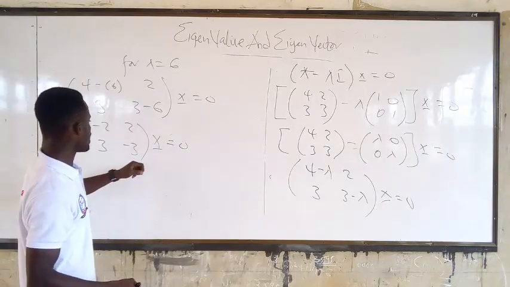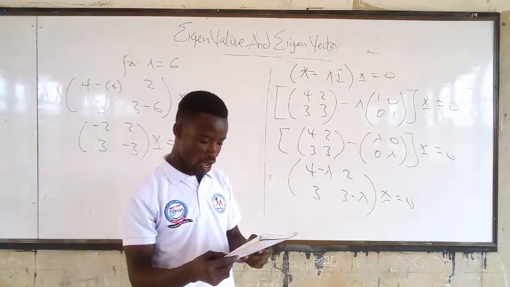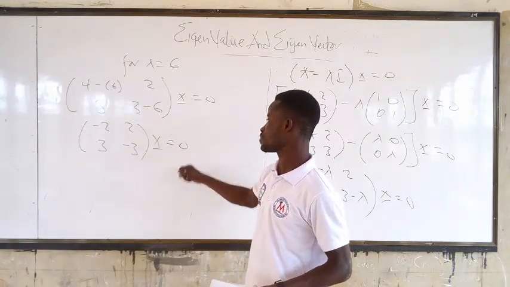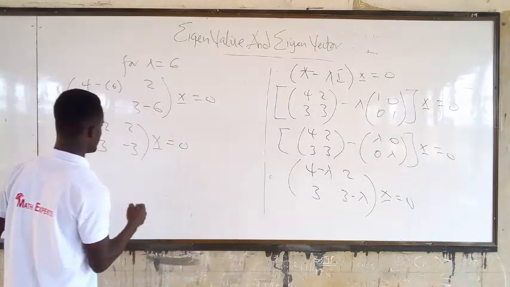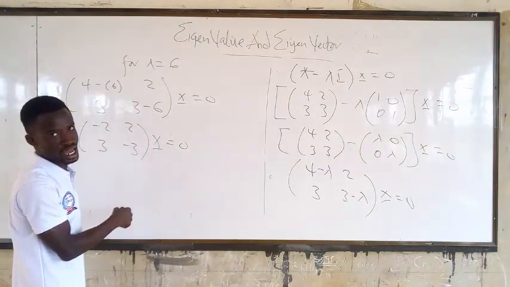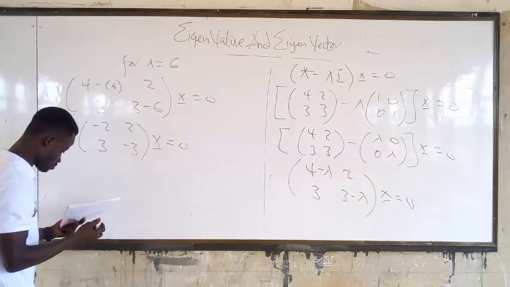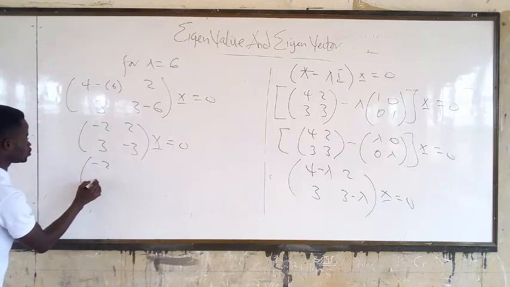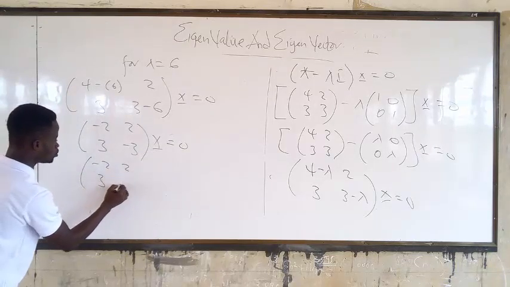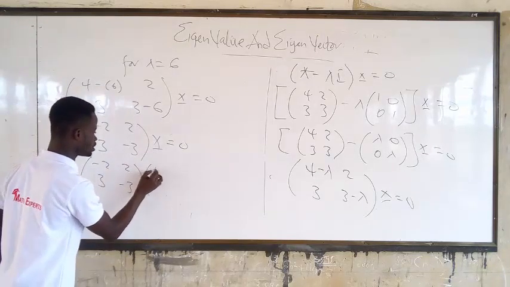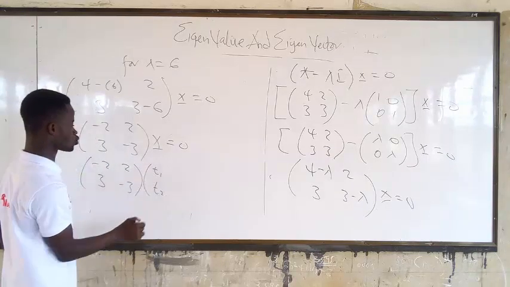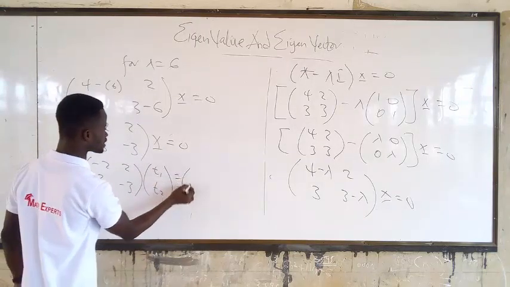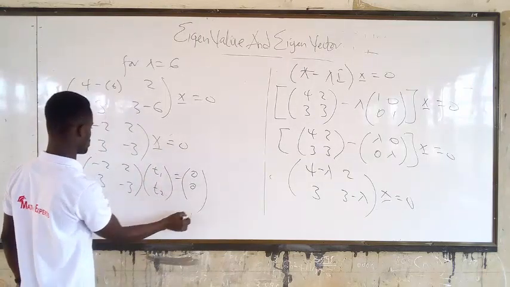So when you get to this side, this can be written as the matrix negative 2, 3, 2, negative 3, times S1, S2, equal to 0, 0.